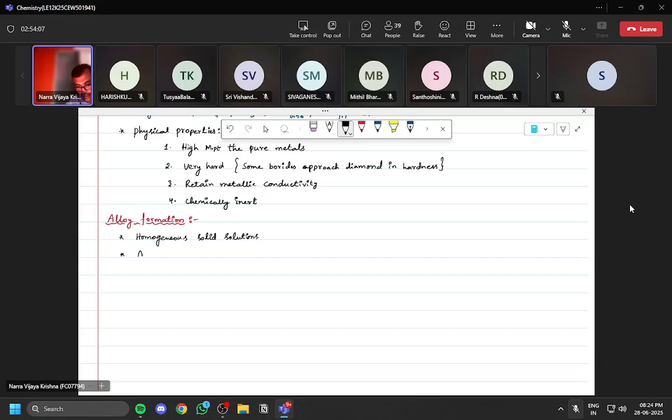Alloys are formed by metals with metallic radii in the range of 15% variation.